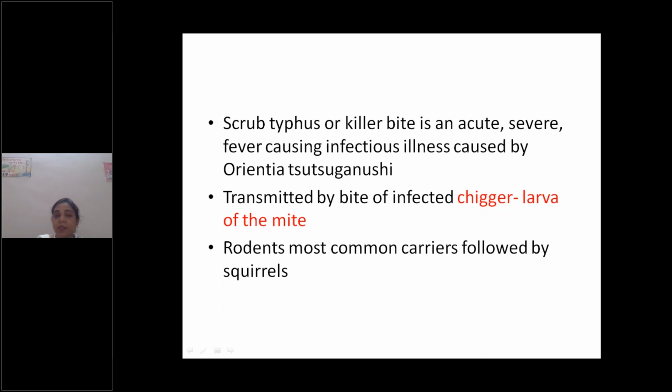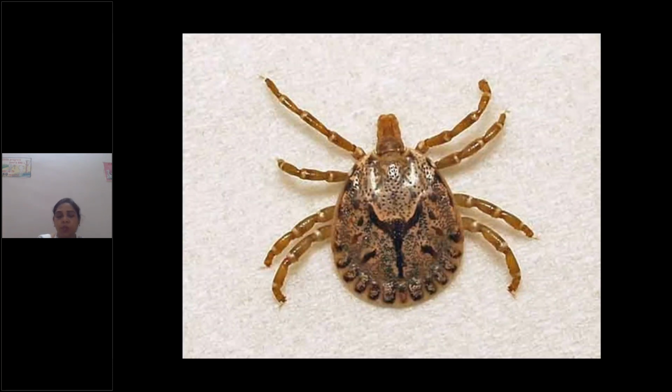Which is the vector? It is transmitted by the bite of the larva of a mite. What's the name of the larva? Chigger larva. Who are the reservoirs? Rodents. Okay, they also act as carriers along with other animals.